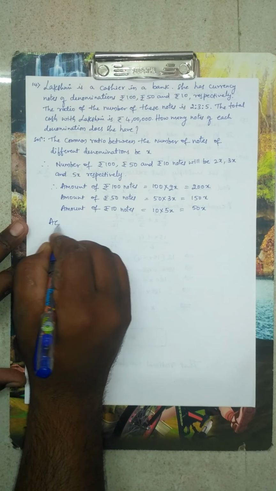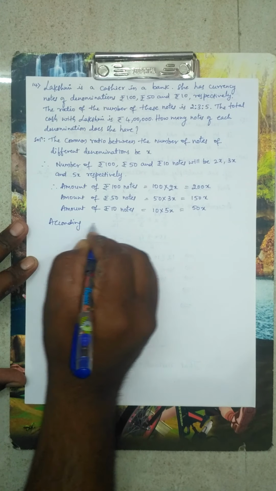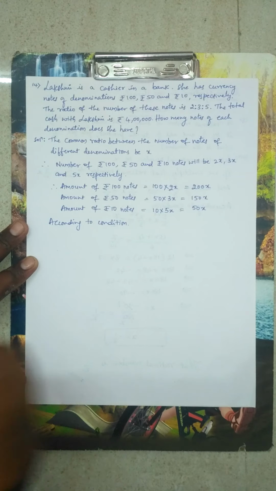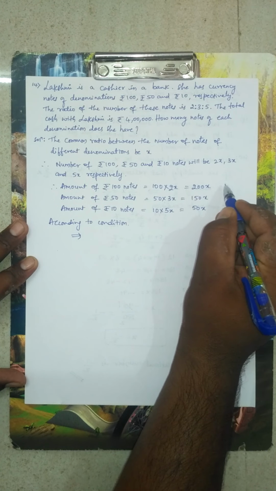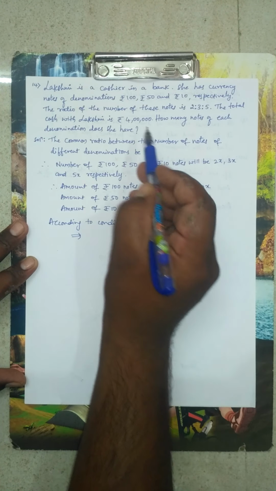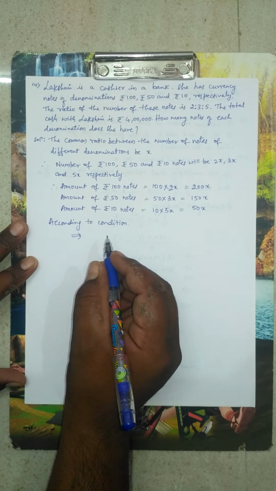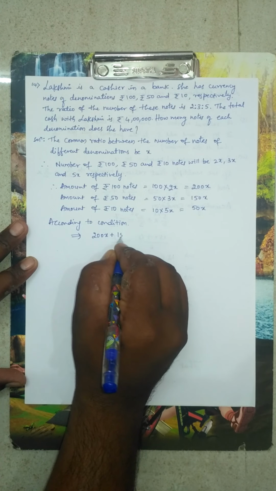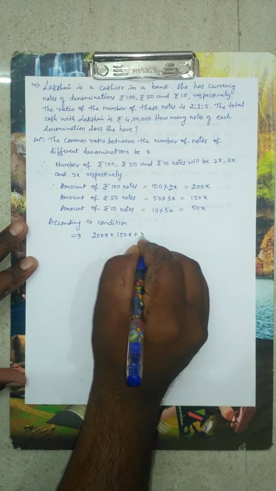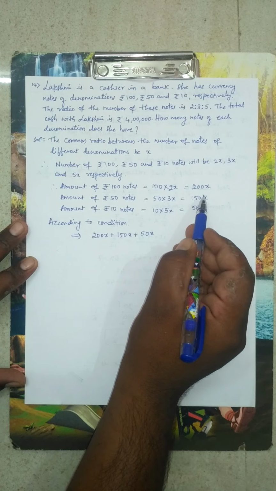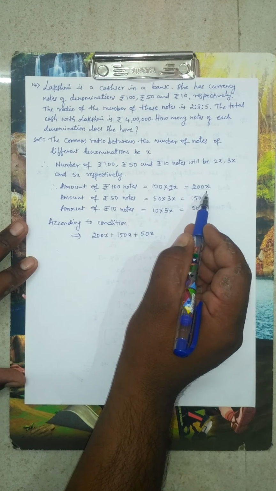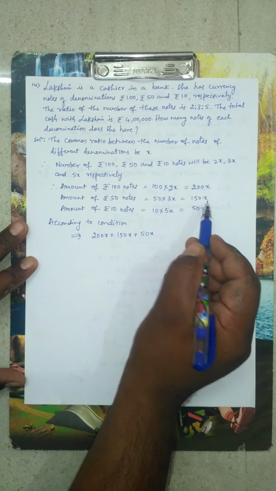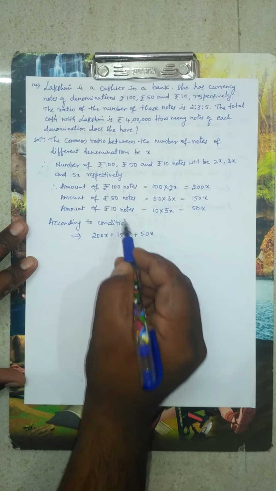So according to the condition, if you add all the amounts, that is equal to 4 lakh. For that reason, we have to consider 200x plus 150x plus 50x. 200x is the amount of 100 rupees notes, 150x is the amount of 50 rupees notes, and 50x is the amount of 10 rupees notes.